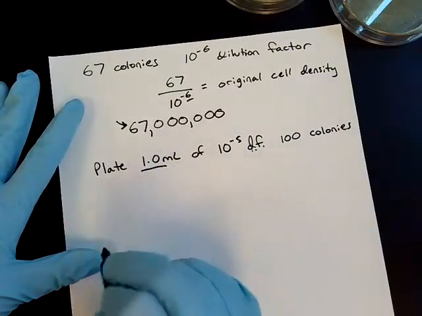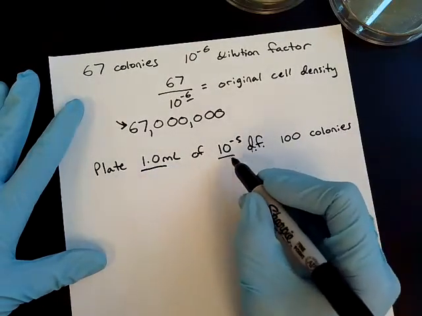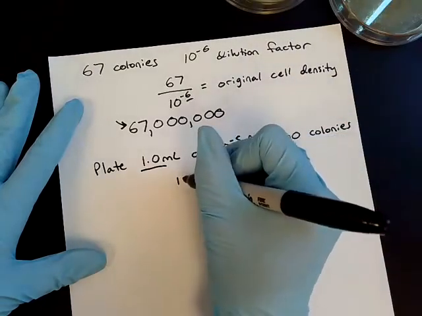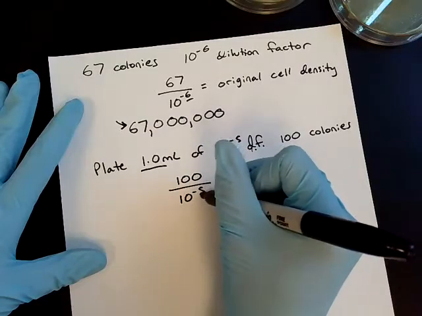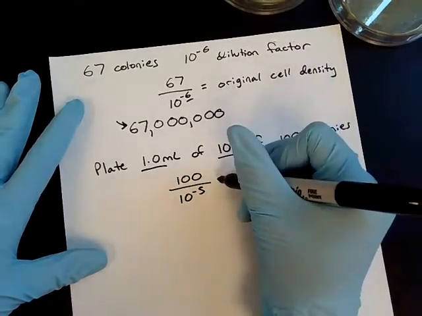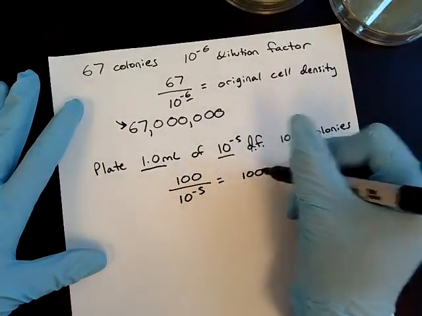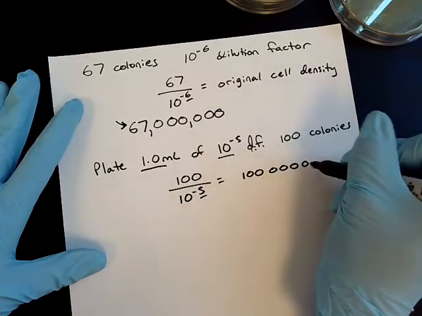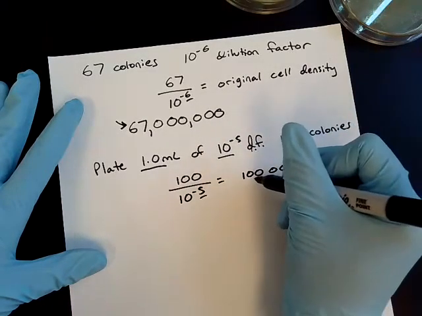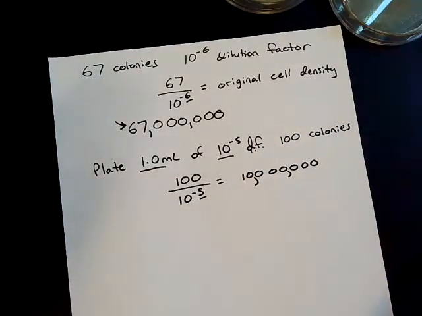Because we plated an entire mil, this is our final dilution factor, and we're going to do the math like we did before. 100 divided by 10 to the negative 5, and that's going to give us 100 with 5 more zeros. And that would be our final answer, 10 million.